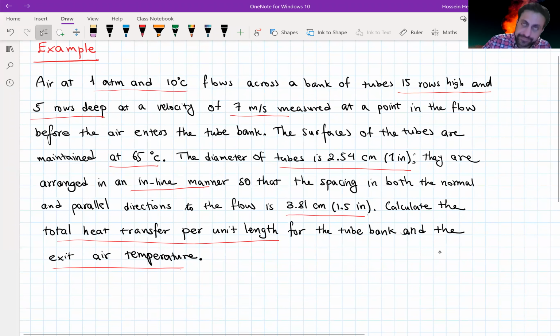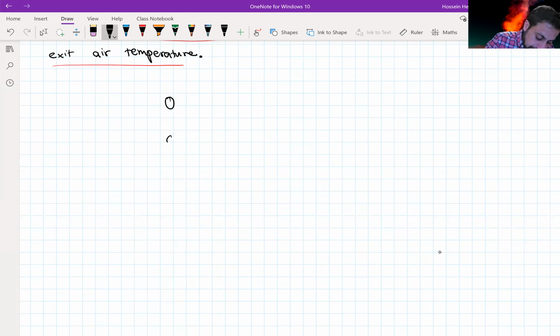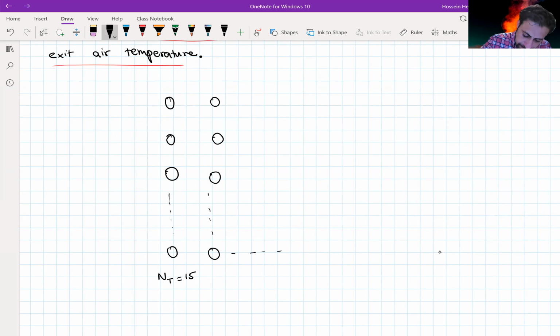So what we have here is arrangement of these tube banks in an inline manner. So we have 15 of them on top of each other. So the number of tubes in the transverse direction is 15, and then these numbers are just repeated for 5 of them.